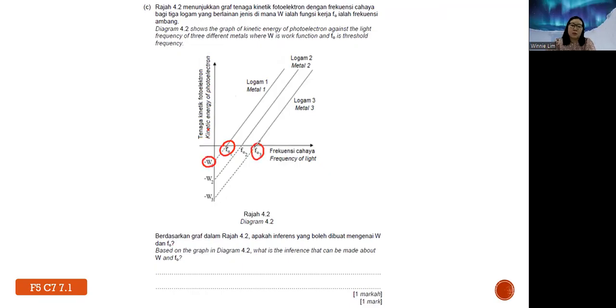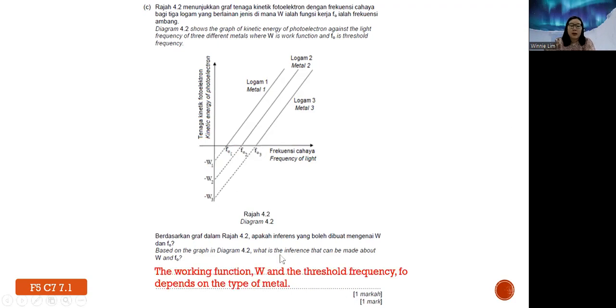For F3, it is bigger, towards the right side, and the magnitude of the work function is also getting bigger. So they are interdependent, directly proportional, and they all depend on the type of metal, which means you have 1, 2, 3.